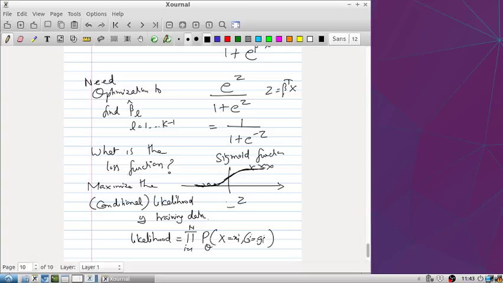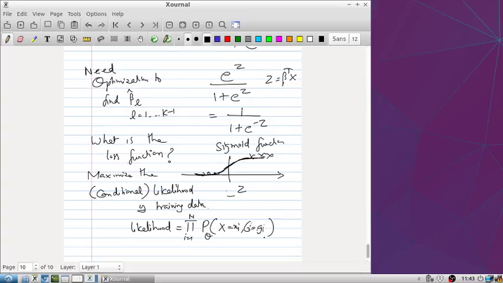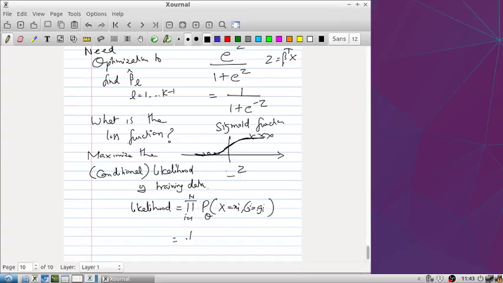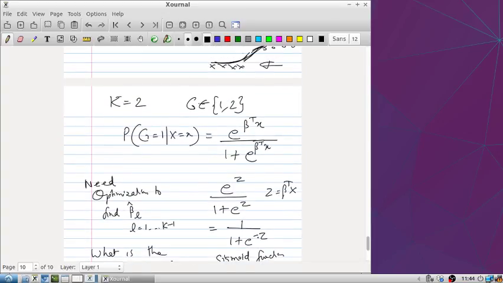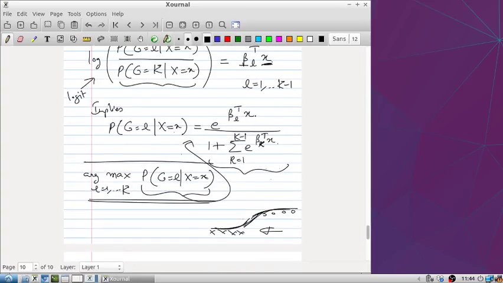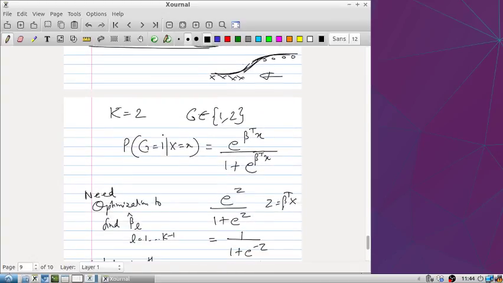So in logistic regression's case, we'll maximize the equivalent corresponding thing, which is going to be the product from i equal to 1 to n of the probability, given the parameter, of g is equal to gi given x is equal to xi, because that is the only model we assume, right? We assume something which only led to an expression that involves g given x. That's why I said conditional likelihood.